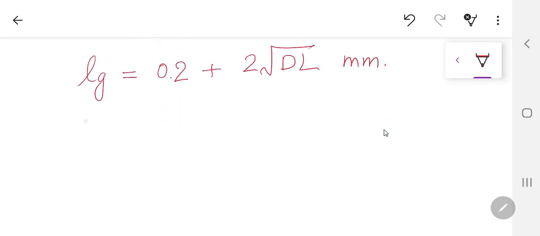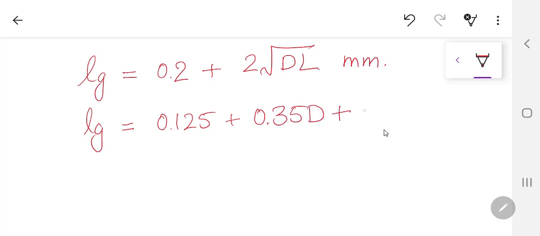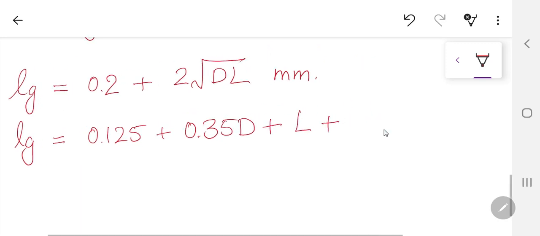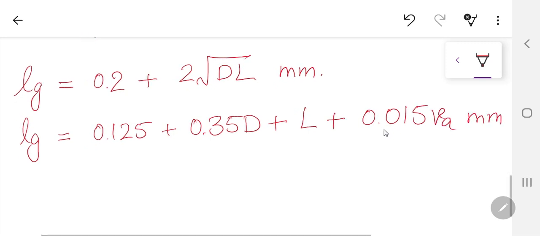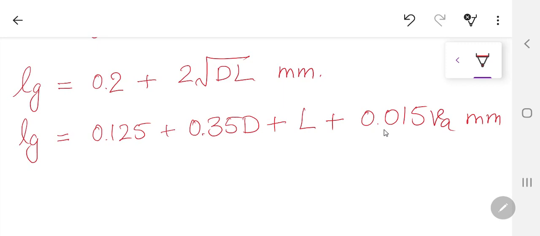The next formula, which is also written there, is Lg = 0.125 + 0.35D + L + 0.015Va, again in millimeters. This equation takes the peripheral velocity as a factor, and it should. Why? Because if the peripheral velocity is very large, you should have a larger air gap length.